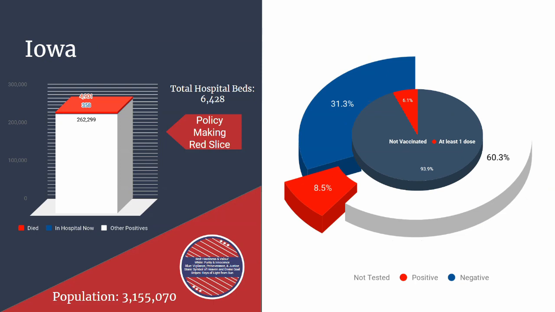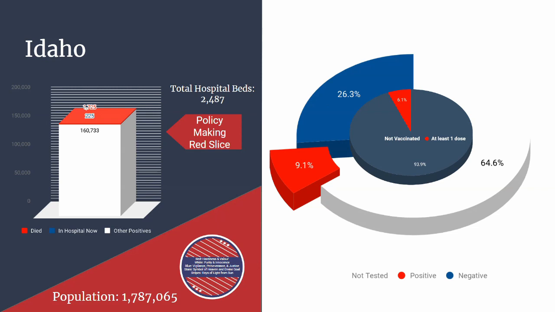Iowa vaccinated 6.1% of the population, 31% negative tests, 8.5% positive tests, 4,900 people died, 358 in the hospital right now with 6,400 hospital beds. In Idaho, we vaccinated 6.1% of the population. We have a 26% negative, 9.1 positive tests, 1,700 died, 225 in the hospital, 2,400 in hospital beds.